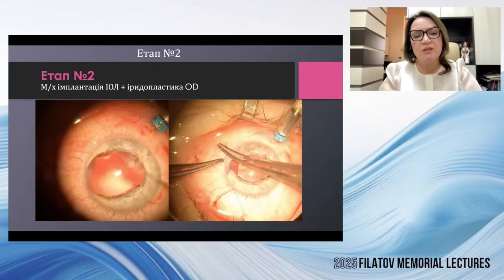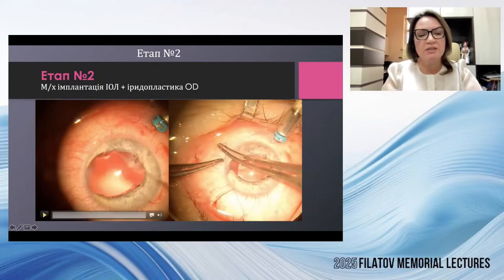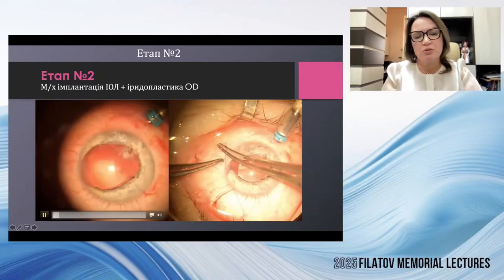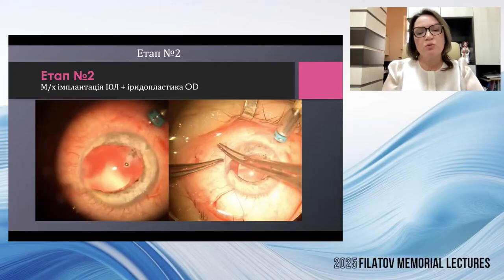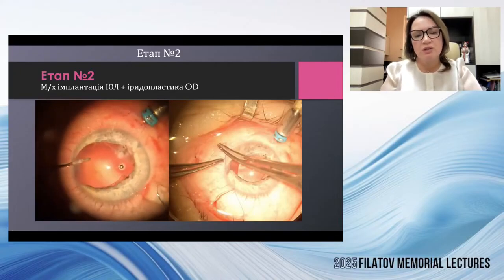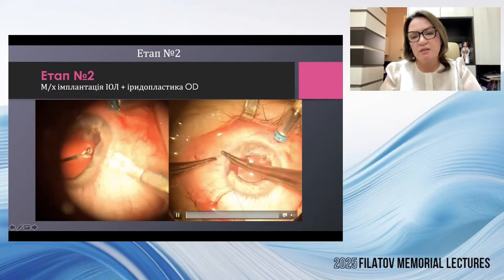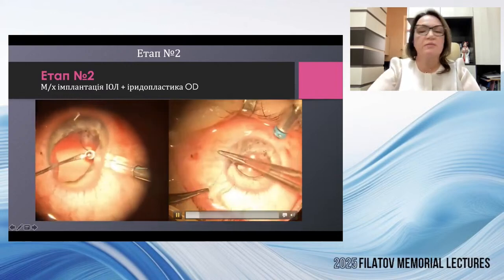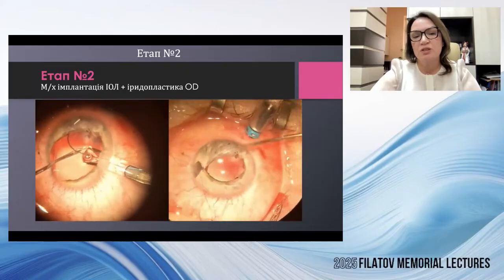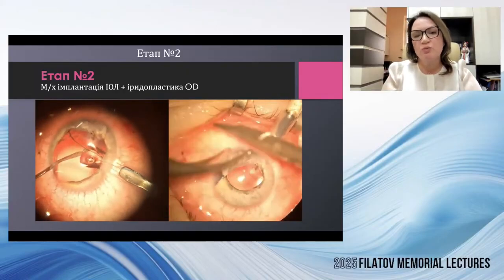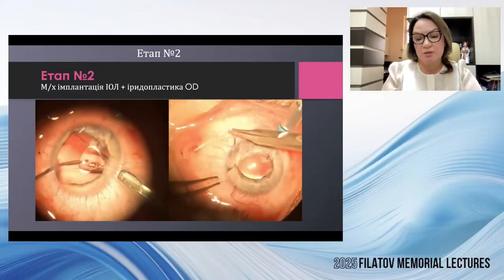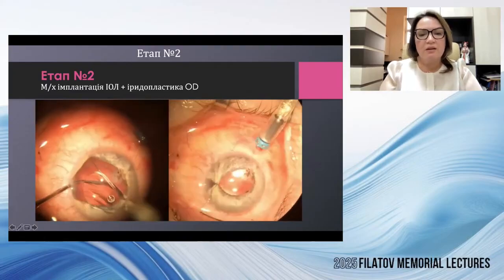The next stage was implantation of the lens. We were using a 3-component lens, which was put on the remains of the capsular rhexis, followed by an iridoplasty with 2 sutures on the iris, forming a pupil in this way.